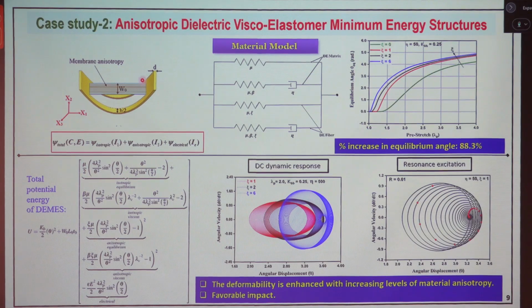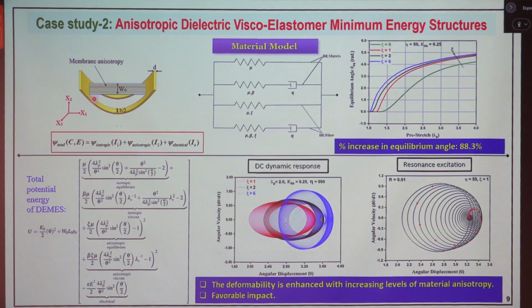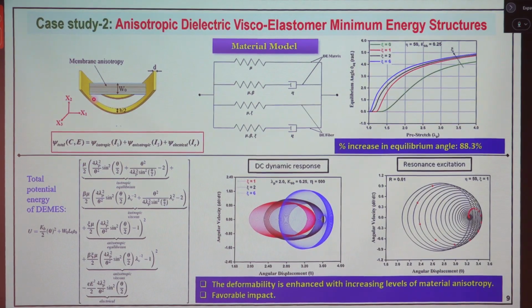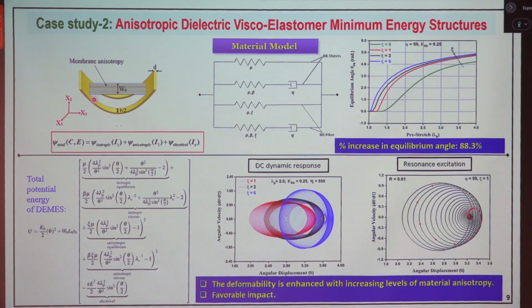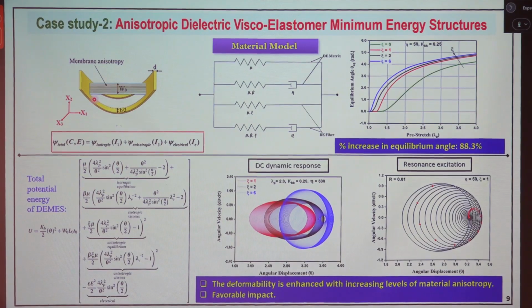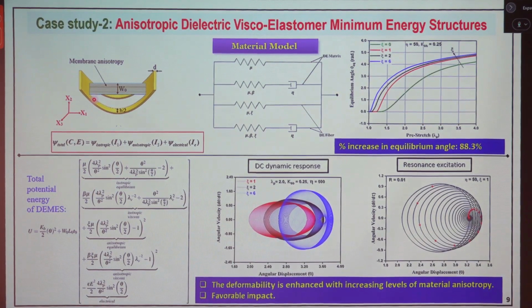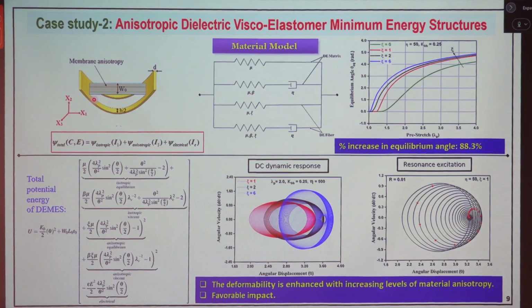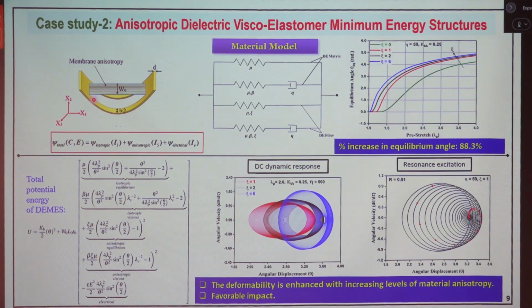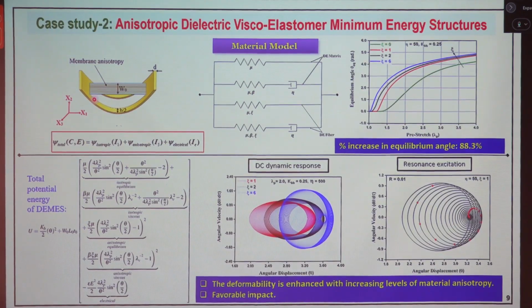But in dielectric elastomer, when you put anisotropic fibers in one particular direction, what you can anticipate is, as you keep on increasing the strength of this fiber reinforcement, more angle you are going to attain. So you put fiber in one particular direction, incorporate anisotropic behavior, and increase the strength of the fiber reinforcement.